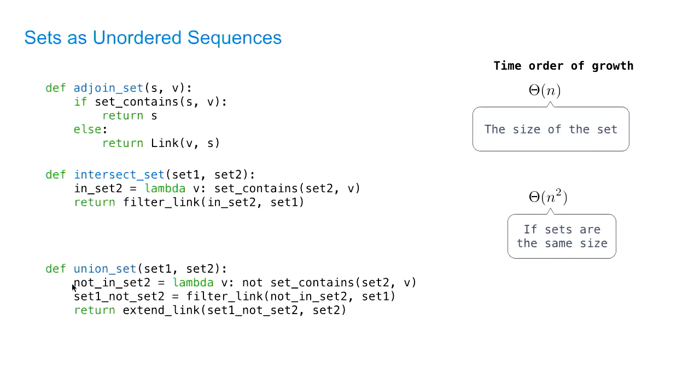It says, I'm going to write down a function that tells me whether a value V is not contained in set 2. Then I'm going to get all of the elements in set 1 that are not in set 2 by filtering set 1 to keep the ones that are not in set 2. Finally, I will build a new linked list that has all of the elements in set 1 not in set 2, followed by all the elements in set 2.